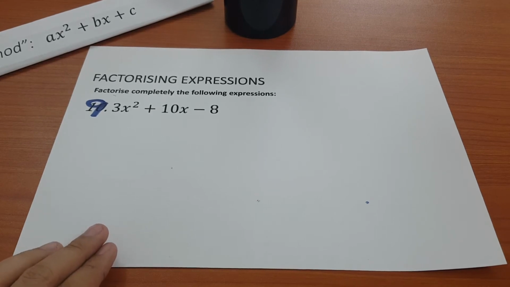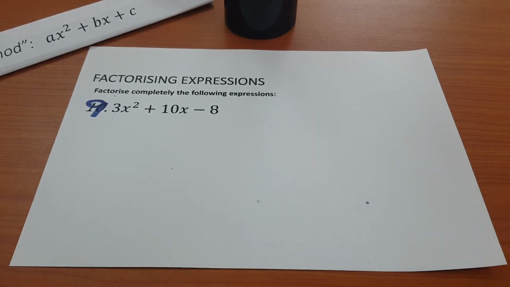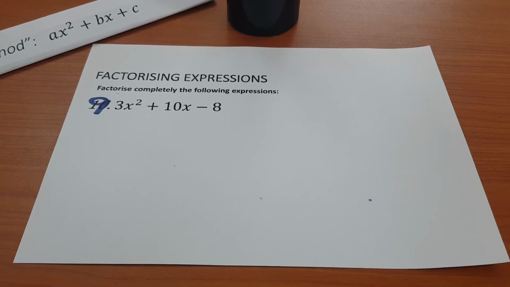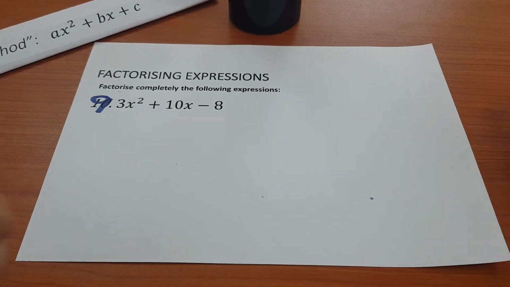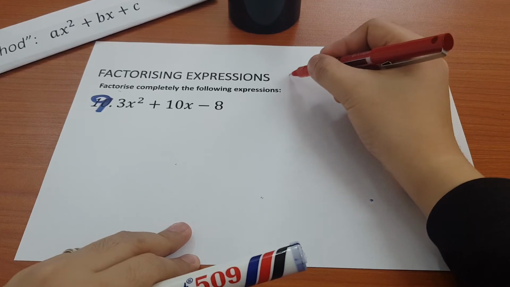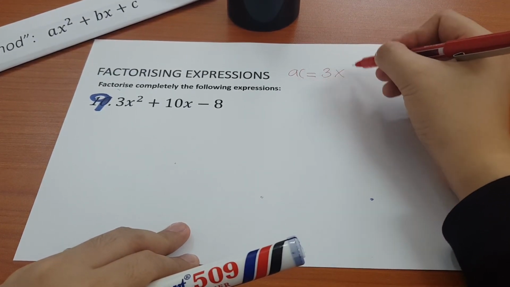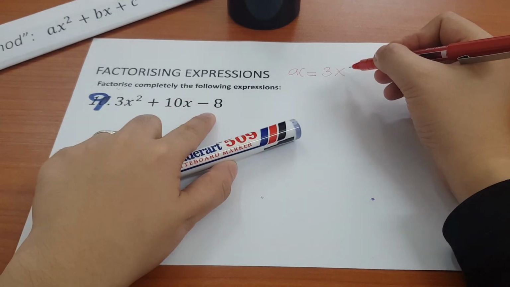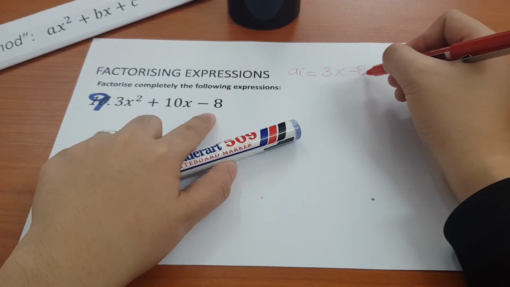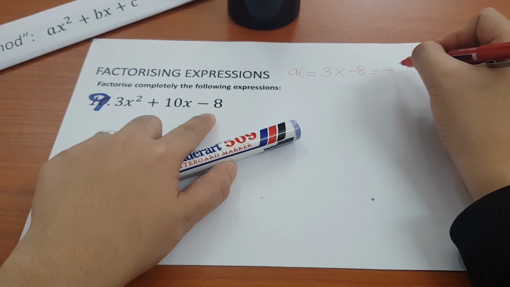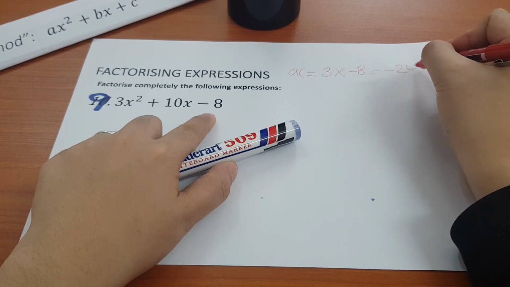3x squared plus 10x minus 8. First, find the AC. AC, our A is 3, our C is minus 8. So this is minus 24.